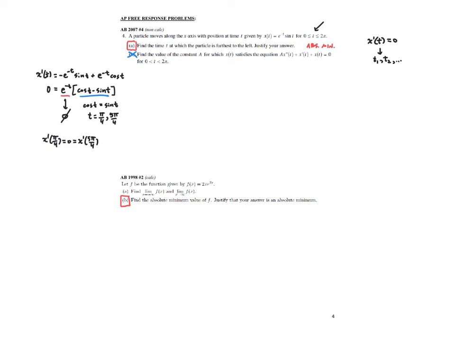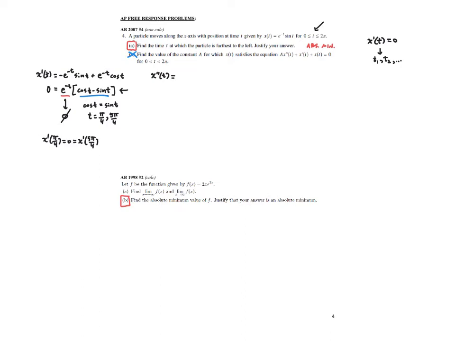Okay, now in finding the second derivative, I've determined that I don't want to be lazy. I'm just going to do the second derivative here. So I'm going to perform the product rule on this expression, using e to the negative t as one function and cosine of t minus sine t as another function.